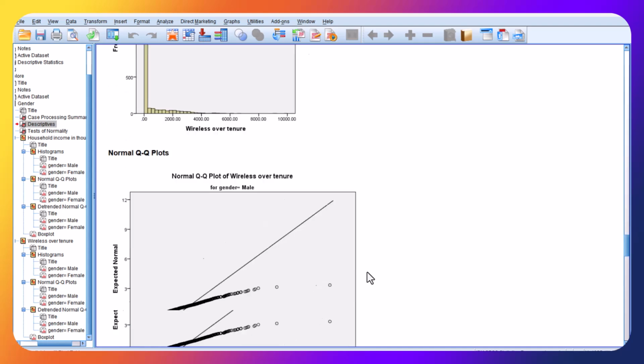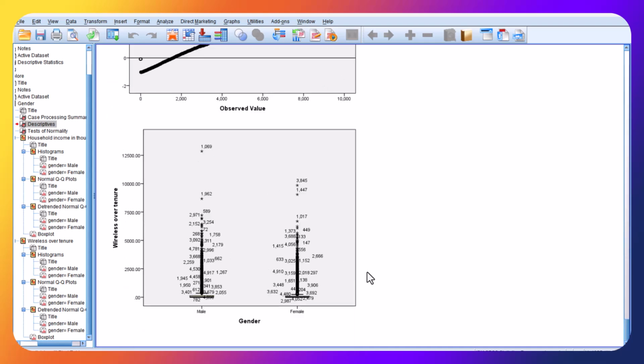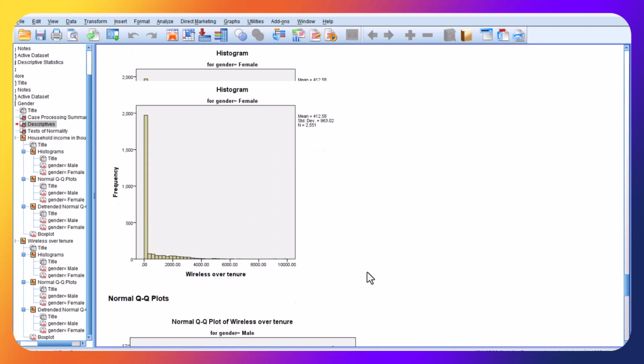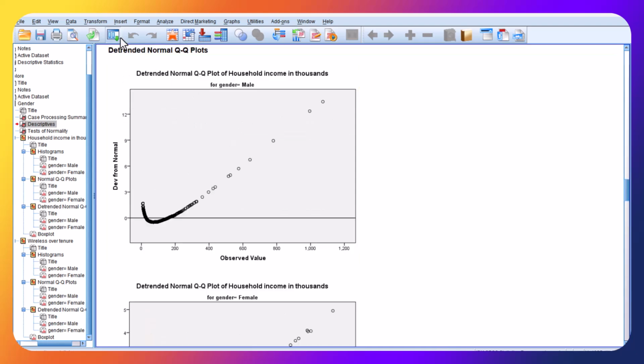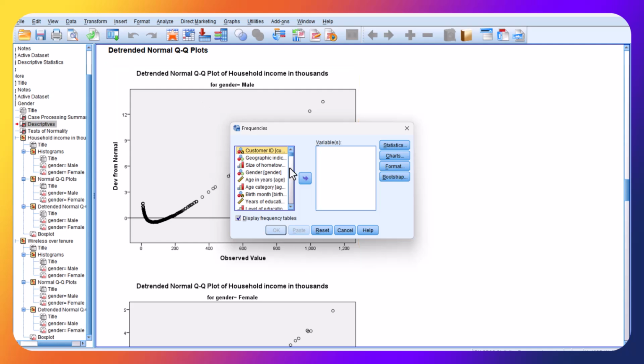Then moving on, we talk about the qualitative data set, which is where the frequency distribution comes into play. So click on Frequencies. We want frequency distribution tables, obviously.